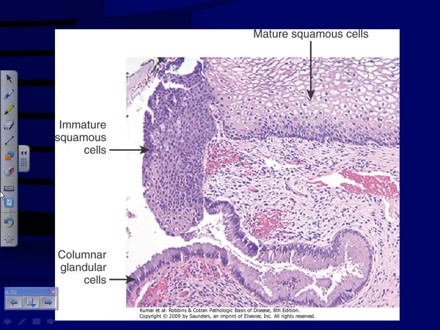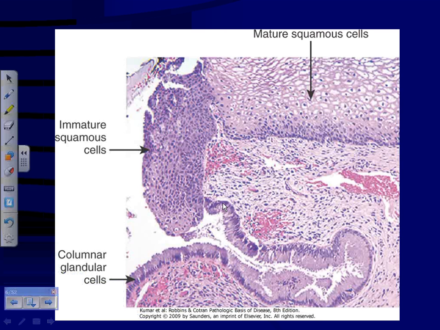So here's a section of cervical tissue right from the transformation zone. And remember, this mature squamous epithelium up here represents the ectocervix, right? Okay. Here's the endocervix here, and you know there's a kind of a gradual transition oftentimes between the endocervix and the ectocervix.